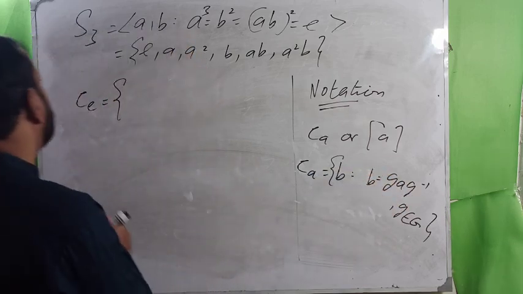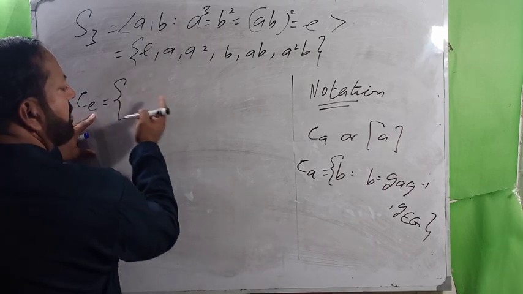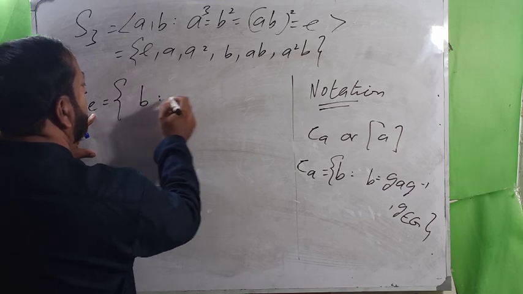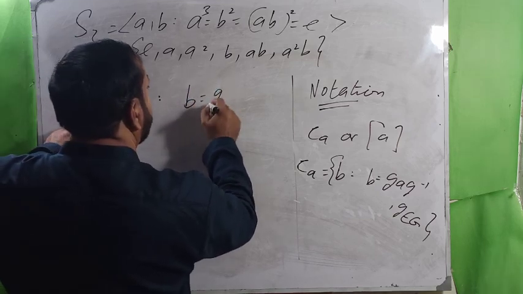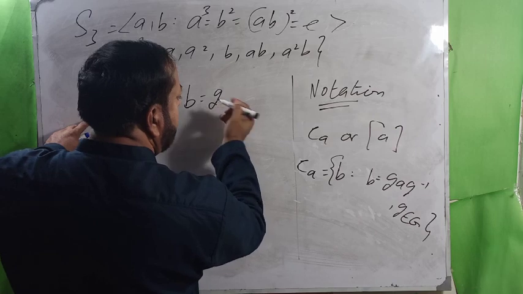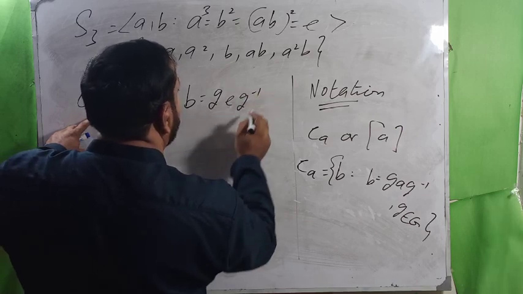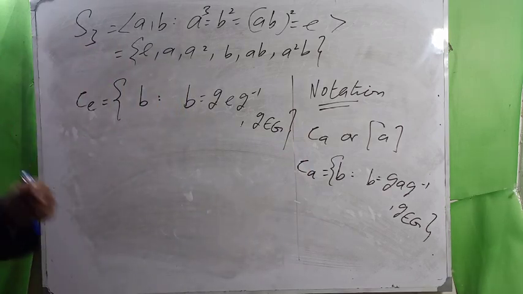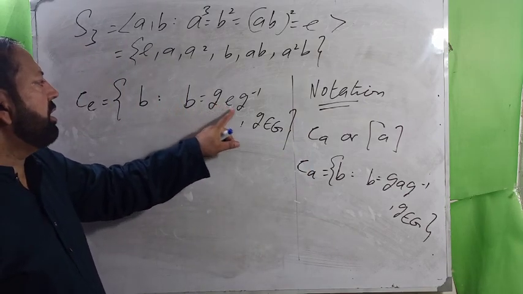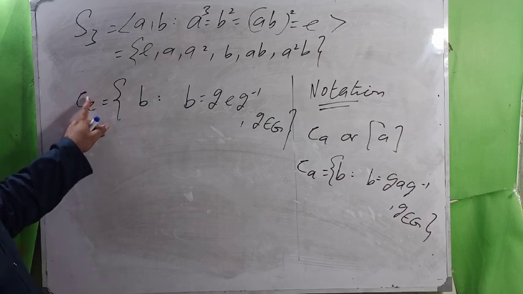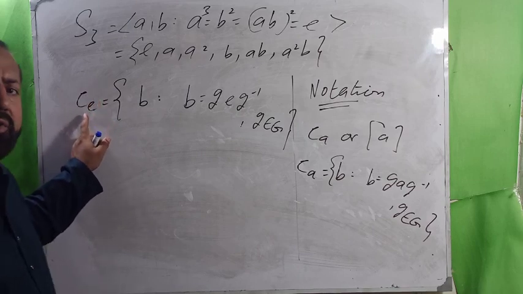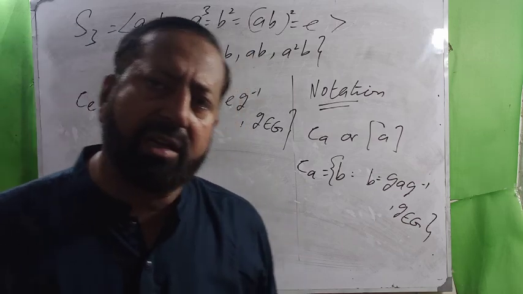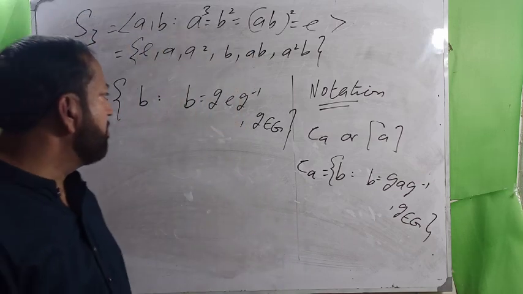Okay, see, this means that, what is C(E)? Those B such that B is equal to gEg inverse, where g belongs to G. And what is this? gEg inverse, because we want to find the conjugacy class of this element E, and you know that E is the identity element, that's why it commutes with all other elements.